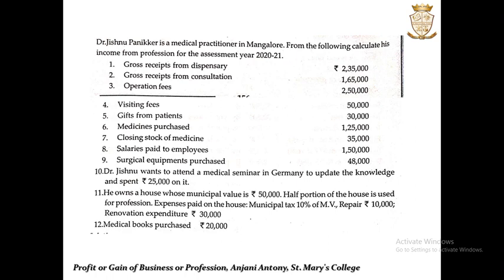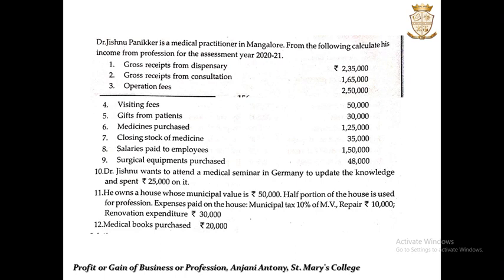And also he owns a house whose municipal value is 50,000 rupees, and half portion of the house is used for profession, so we need to consider only the half portion's amount. Expenses paid on the house was municipal tax, 10% of municipal value. So 5,000 will be the municipal tax, 10% of the municipal value.